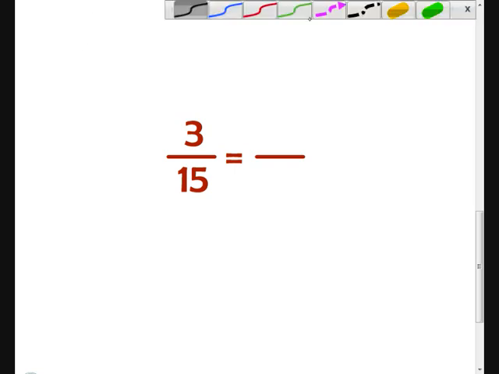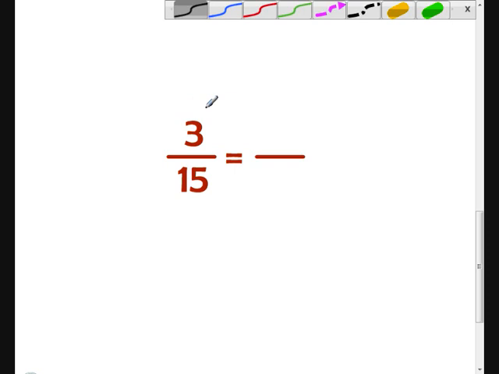Here we've got 3/15, and I want to turn it into an equivalent fraction. Well, I'm going to start out by trying to make it simple, because a simplified fraction is so much easier to understand. So to simplify this fraction, I'm going to look at the 3 and the 15, and think of what number can be evenly divided into both of them without going over.